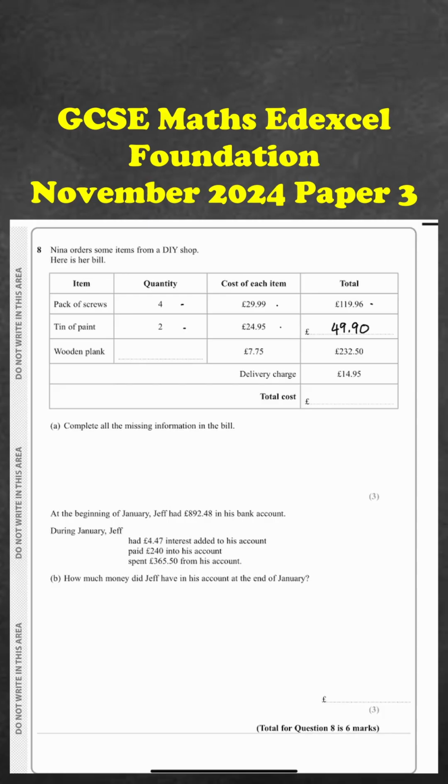Then wooden plank, it will be this number multiplied by this number gives you this number. So I'm going to do the opposite. I'm going to do 232.5 divided by 7.75 to find the blank number. That's going to be 30. And lastly, we just need the total cost. So all we need to do is add up all 4 numbers over here, including the delivery charge.